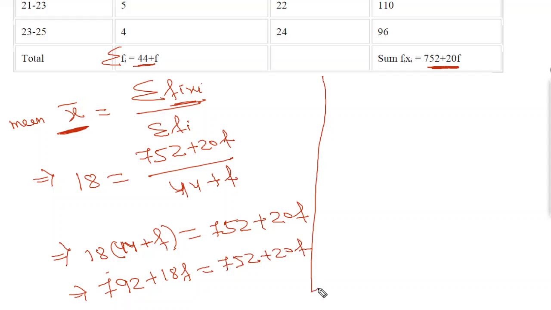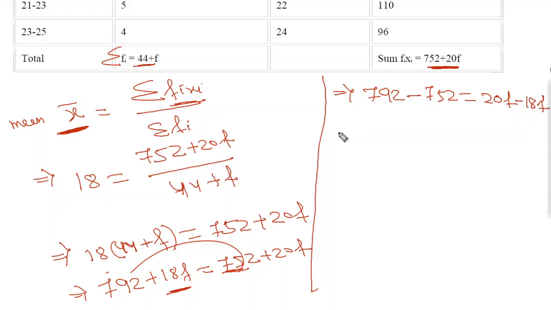Okay, further calculation will do here. Now you can take this 752 to LHS. Now 792 minus 752 will be equal to 20f, and you can move 18f to RHS, minus 18f.